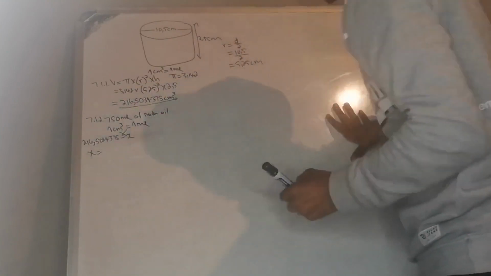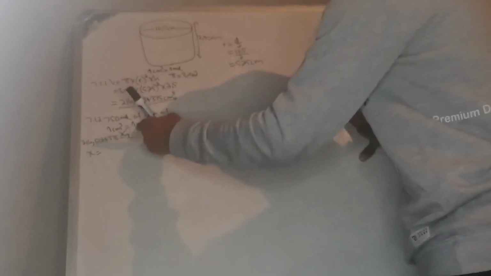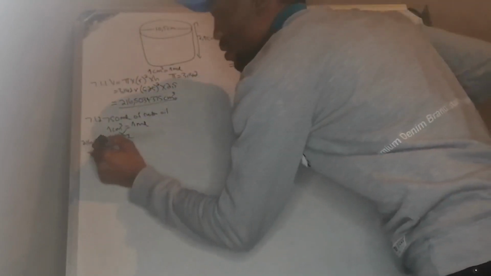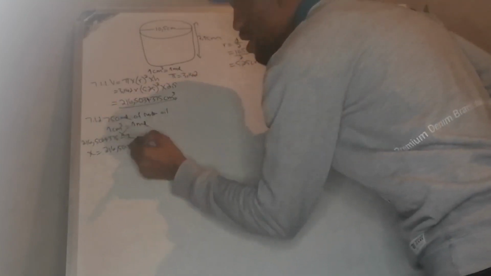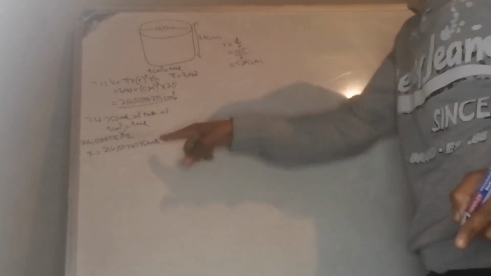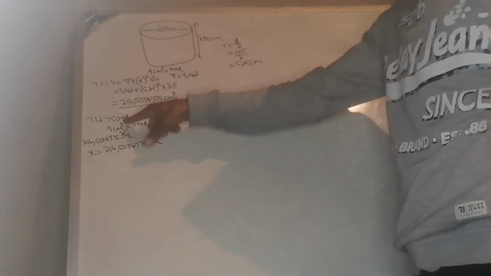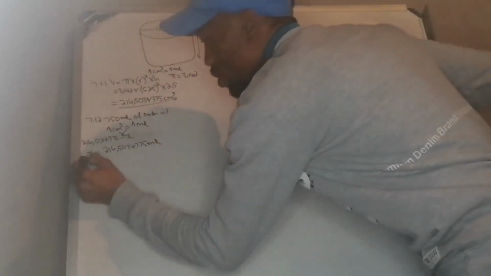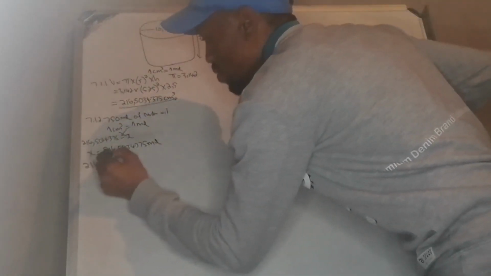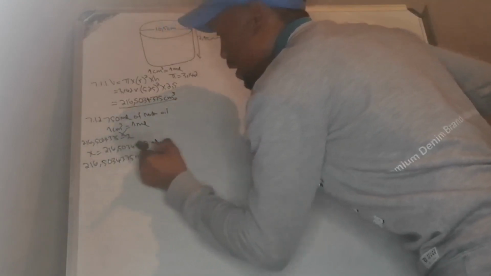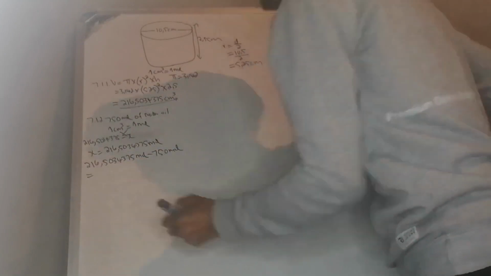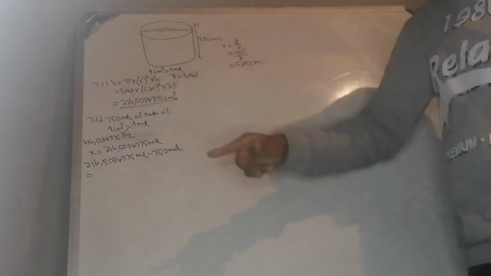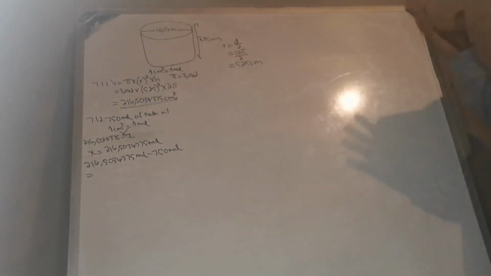X equals 216.5034375 milliliters. But now, if it's 750, we take 216.5034375 milliliter minus 750 milliliter. That is the amount of empty space when you only fill up 750 milliliter of oil.